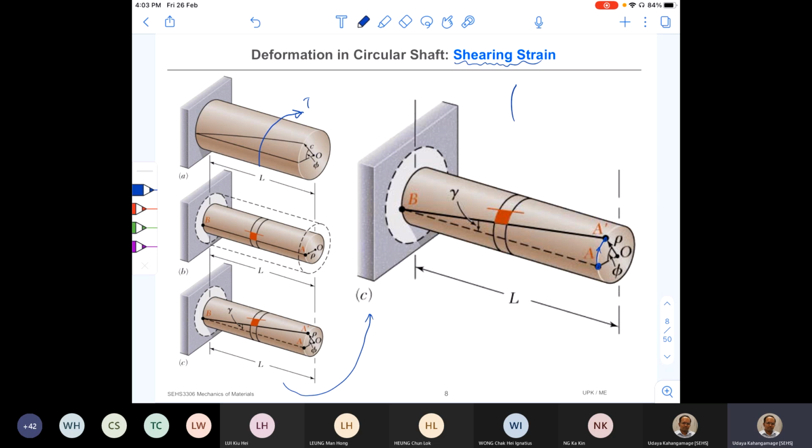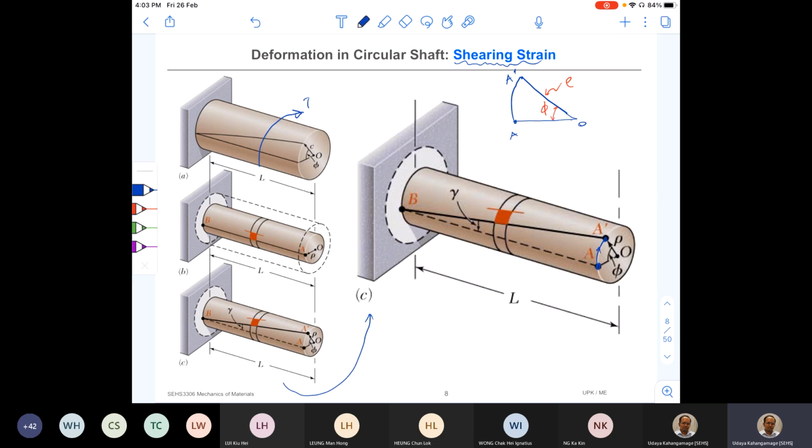So if there's an arc A prime, like this, and this is the point O, the center, and here the radius is rho, and the angle here is phi.